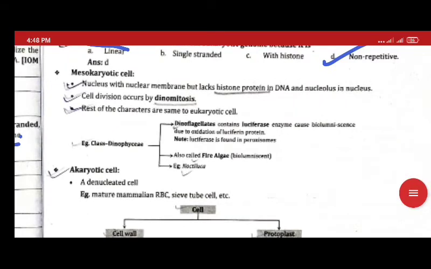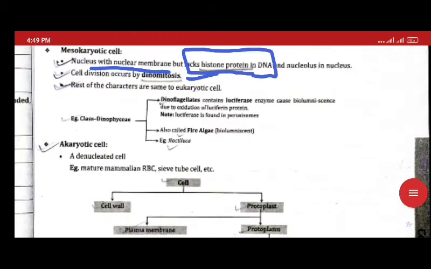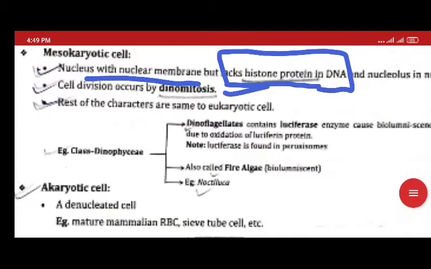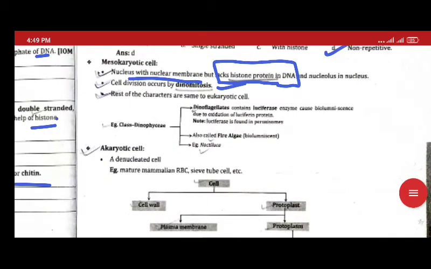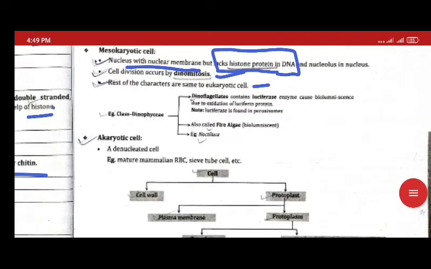Now we have next the mesokaryotic cell. So the mesokaryotic cell has a nucleus with nuclear membrane but lacks what? Histone protein. So lacking histone protein in DNA is called mesokaryotic. And cell division here is by dinomitosis. Now the rest of the characters are the same as eukaryotic, but the difference is what? Lack of histone protein in DNA, and nucleolus in the nucleus, but nuclear membrane is present.